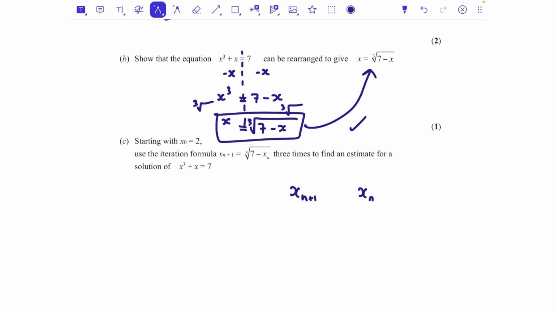So think of this a little bit like a sequence. x0 is just our starting value, okay? So we're going to start with x0 being 2. If I want the next x, which is what this means, x1, the next one, x0 is our first one, x1 is the next one, then I'm going to do the cube root of 7 take away the x that we've got at the minute, and that's x0.